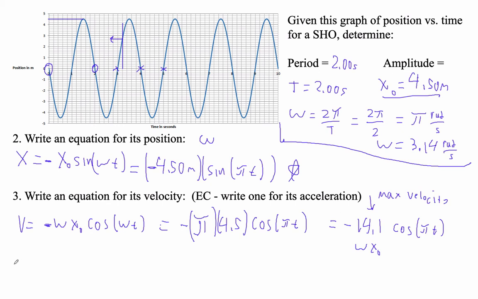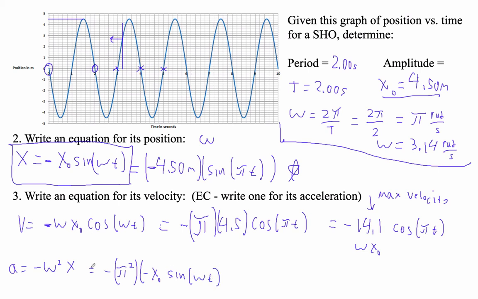One for its acceleration. Well, acceleration is just negative omega squared times x. This is what x is, right? So let's write that. Negative pi squared, okay, times x, which would be the opposite of x naught sine omega t. Okay, so we can plug numbers in here, right? X naught is 4.5. So if I go the opposite of the opposite, so these are going to be positive, right?